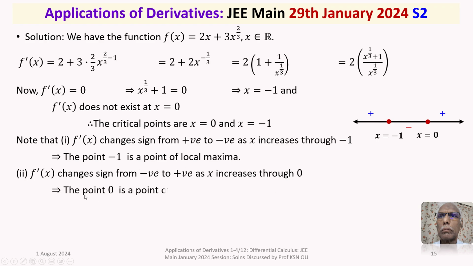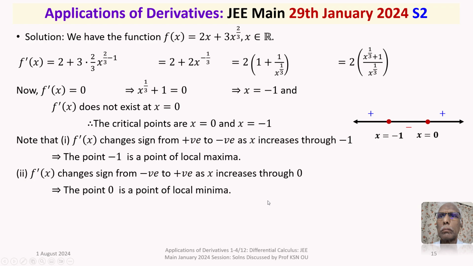So f of x goes on decreasing up to x is equal to 0, then increases. So it is a local minima.